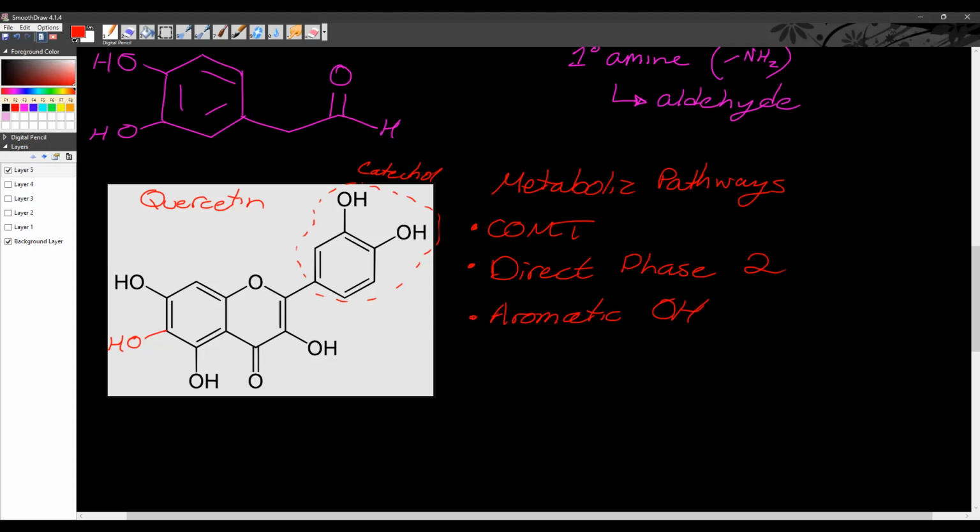So of these three, COMT, aromatic hydroxylation, and directly to phase 2, which do we think is most likely going to happen first? What is the pathway that this thing is probably going to be removed from the body as?